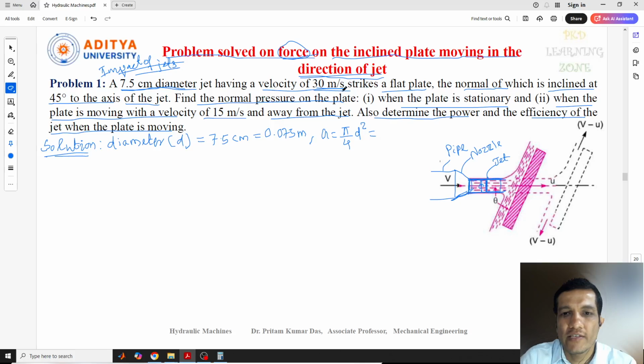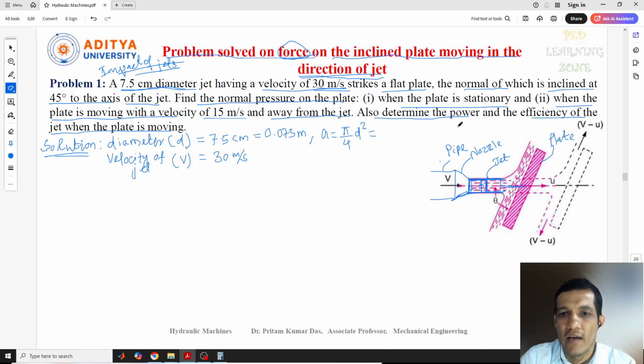The jet velocity strikes the flat plate. So the velocity of the jet, we mark it V, is 30 meter per second, and it strikes a flat plate. This is the plate.